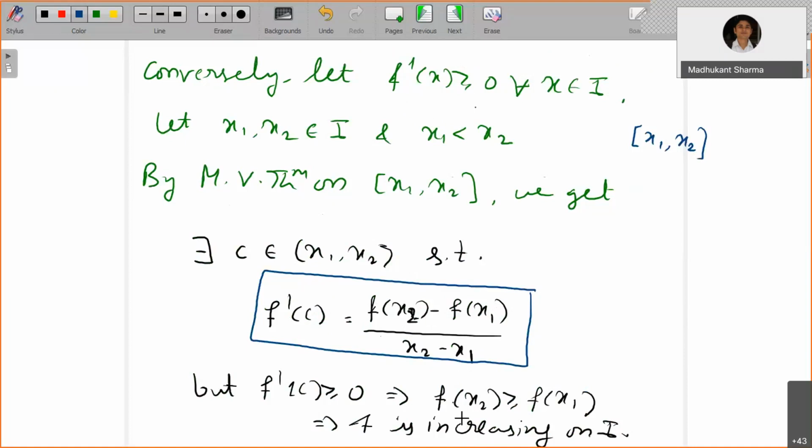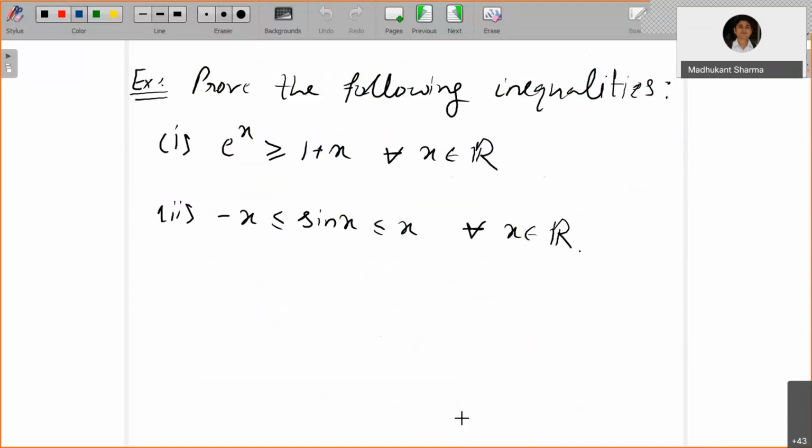That is, if the function is strictly increasing, then f dash of x is strictly greater than 0 is not true.